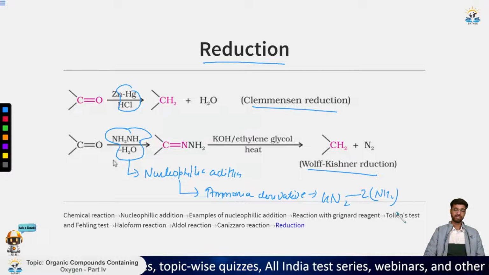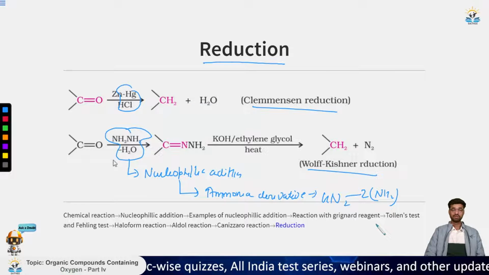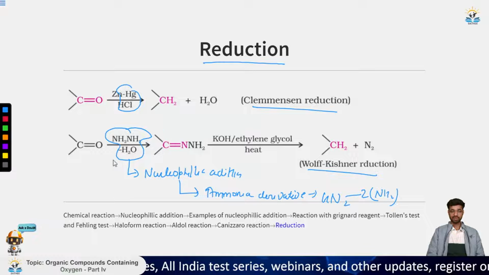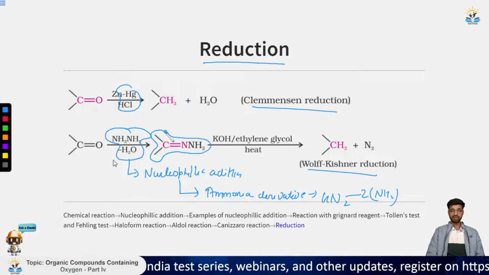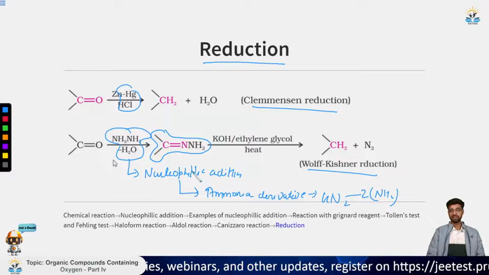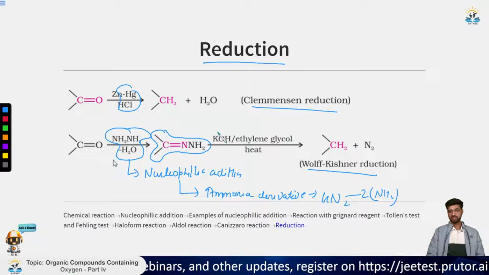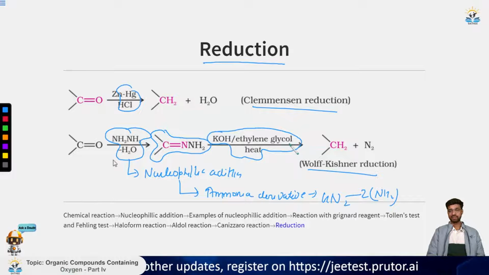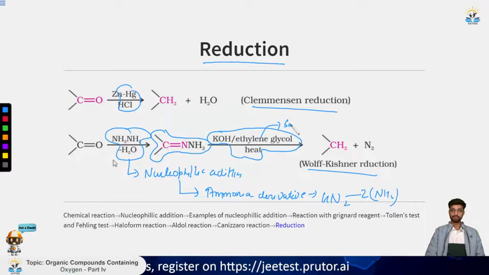NH2. So the same thing is present. So the first step is, you can say, nucleophilic addition. We will get an imine here. We have seen it earlier: the formation of imine takes place upon addition of the ammonia derivative. And in the second step, we simply reduce it using KOH and heat, and KOH in the presence of a solvent, which is ethylene glycol.